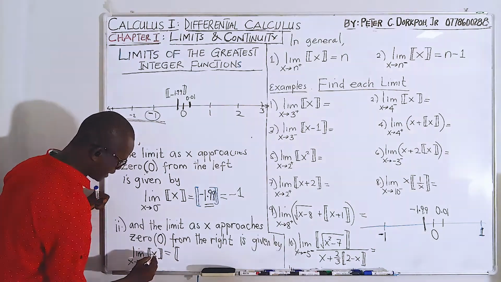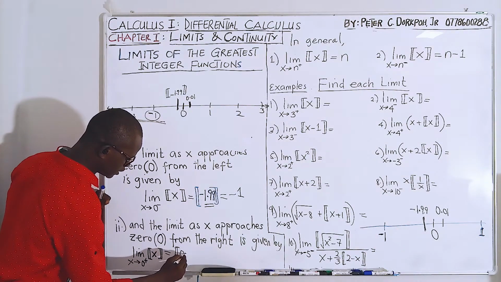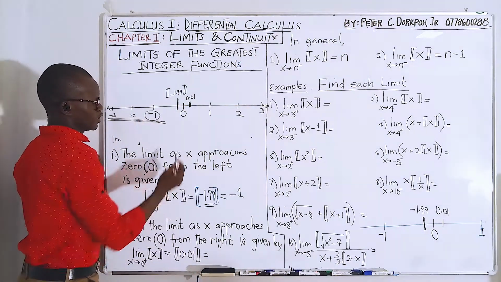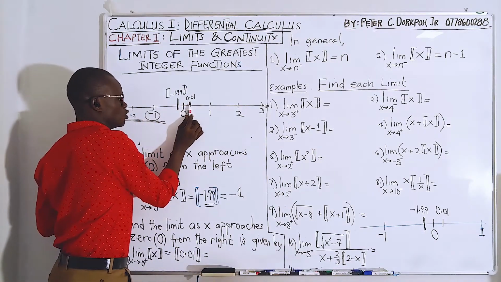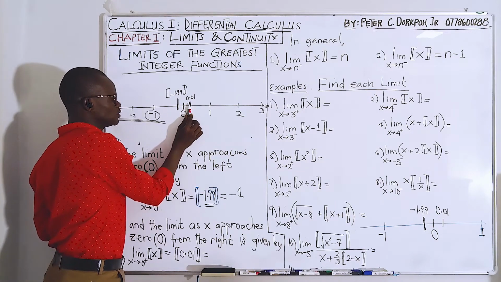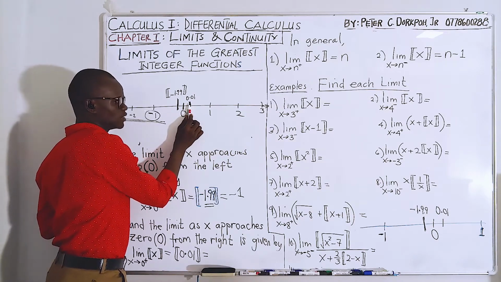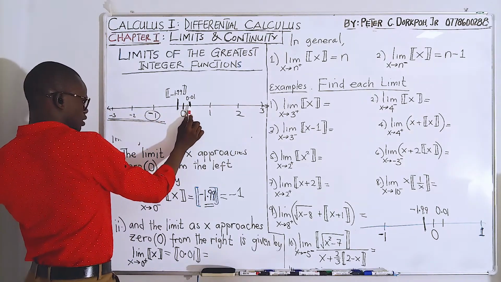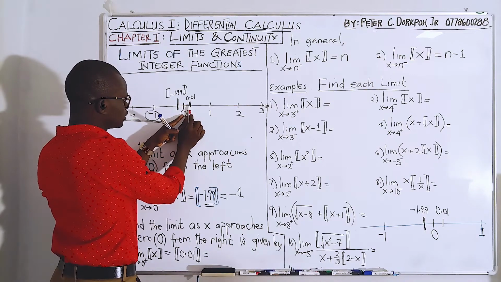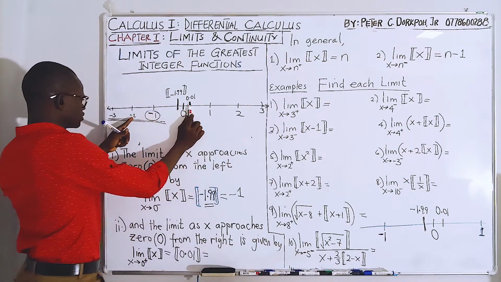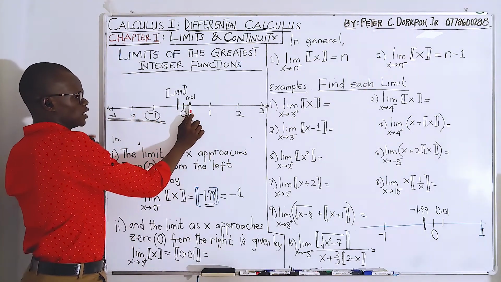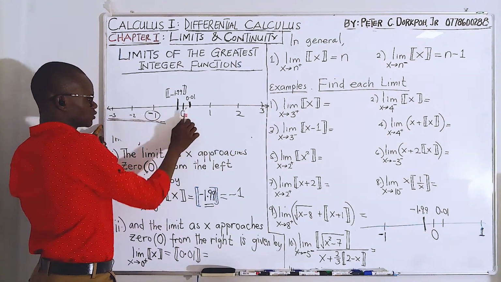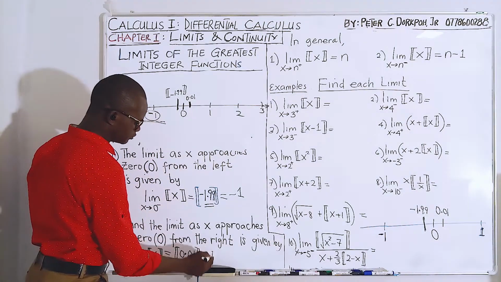If we replace this x with 0.01, what will we have? We want to consider all of those integers that are less than 0.01. Less than 0.01 are the integers on the left: 0, minus 1, minus 2, minus 3, and so forth. Because 0 is the greatest of all of these integers, we take 0.